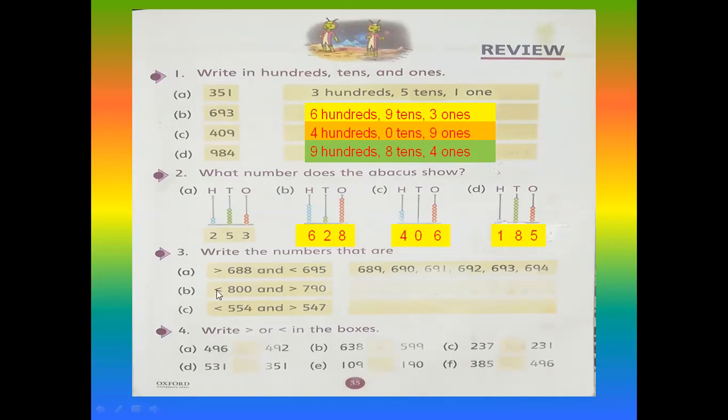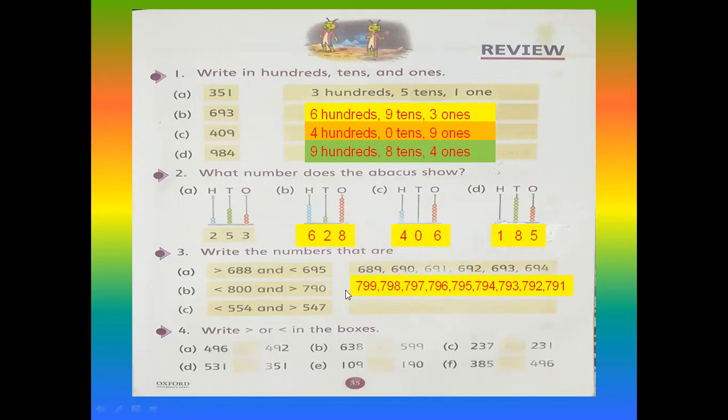So before 800, what comes? 799, 798, 797, 796, 795, 794, 793, 792, and 790. This is last because it is greater than, not equal.